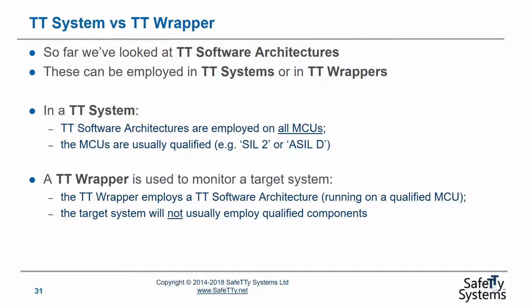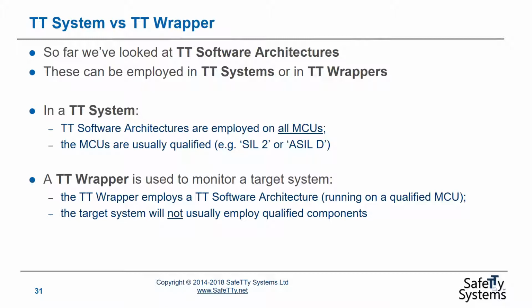Another important class of system is a TT wrapper, which is used to monitor what's usually called a target system. In this type of design, the TT wrapper employs a TT software architecture, usually running on a qualified microcontroller. The target system that we're monitoring will not usually employ qualified components.